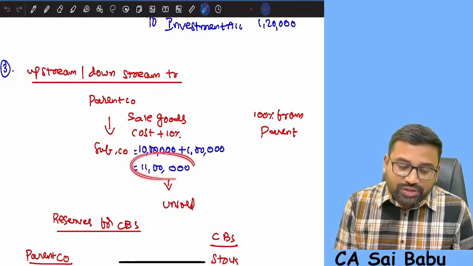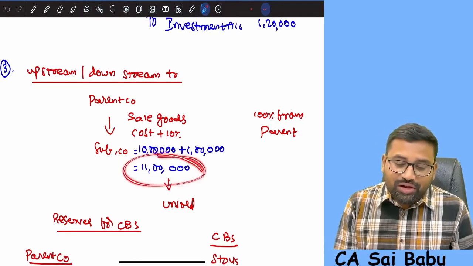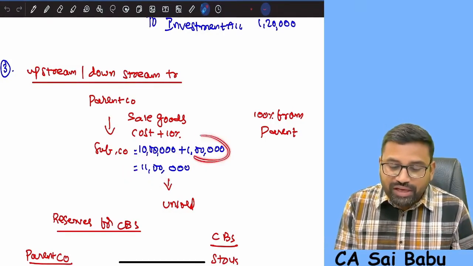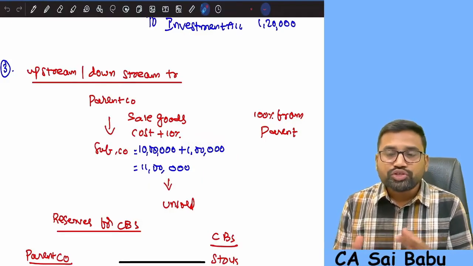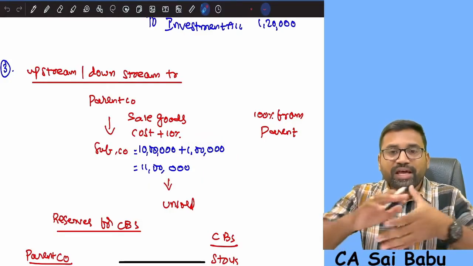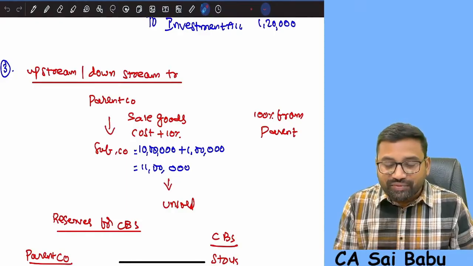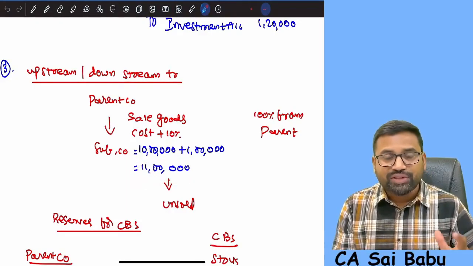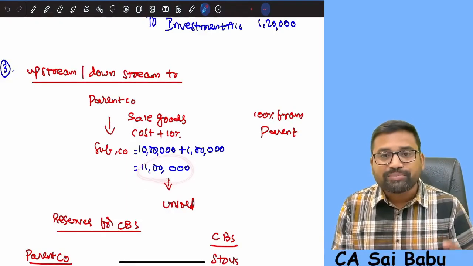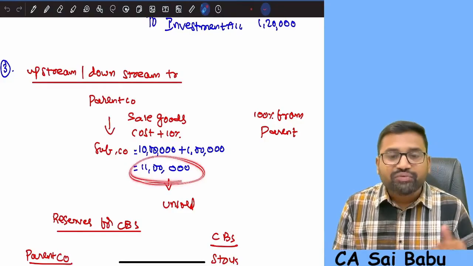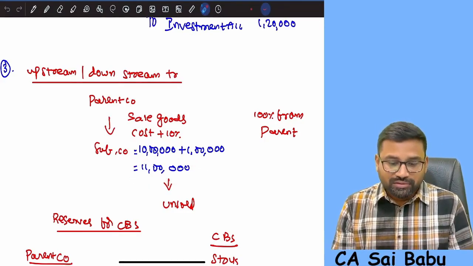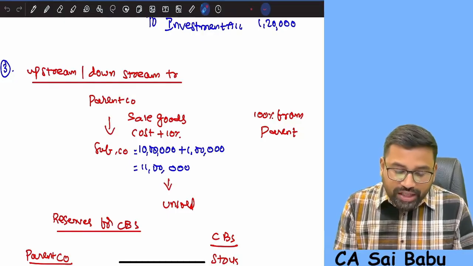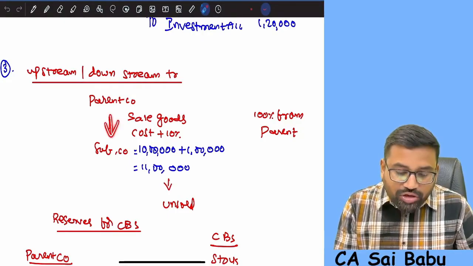Now the stock is 11 lakhs. In this stock, how much is the unrealized profit? 1 lakh, which is not yet sold. So from the group point of view, when parent and subsidiary become one entity, without realizing, without selling to anybody, can you recognize this as profit? No. So therefore from this stock, we need to eliminate it. Already see, these goods are actually sold by whom? Parent.